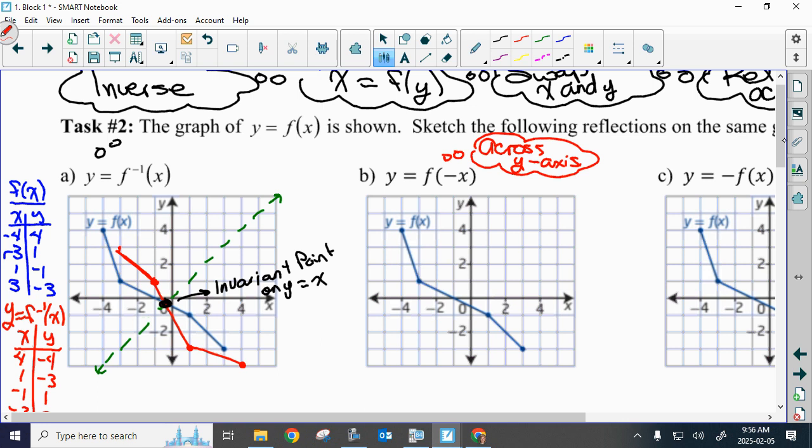Quickly draw the reflection across the y-axis. Indicate the invariant point. The invariant point will land on the y-axis.